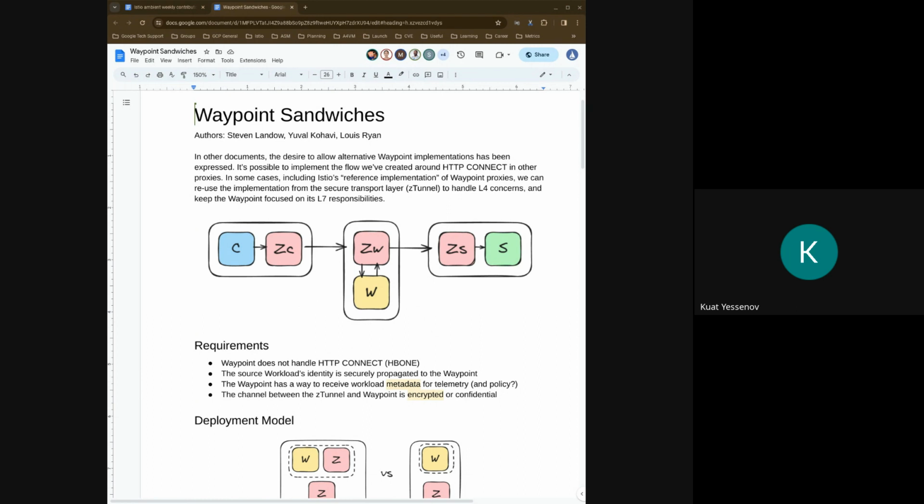But because I'm sending plain text to ZW, I cannot get that information back. Right, but ZW and ZS can do that, right? So it means we need to delegate this check. I need some kind of policy transmission from W to ZW saying, I want you to verify that ZS is this at ZW.